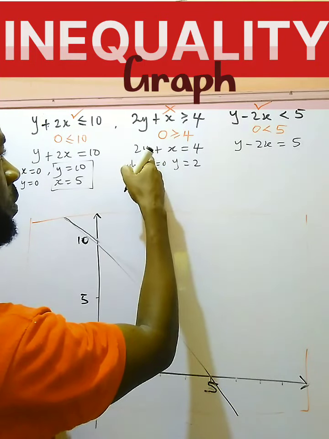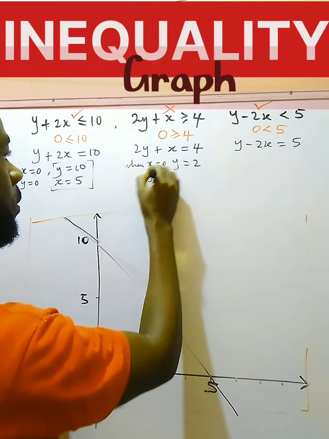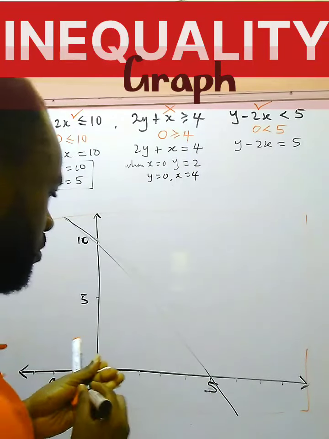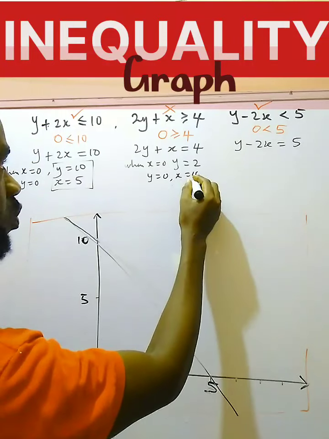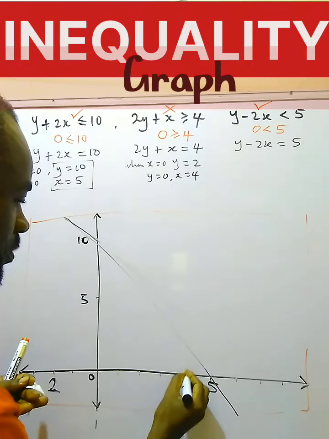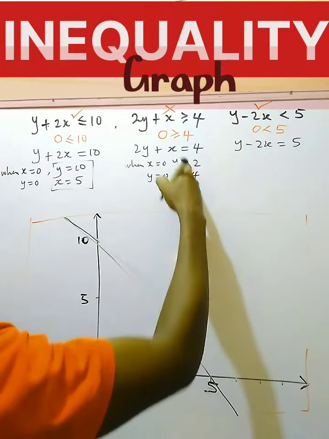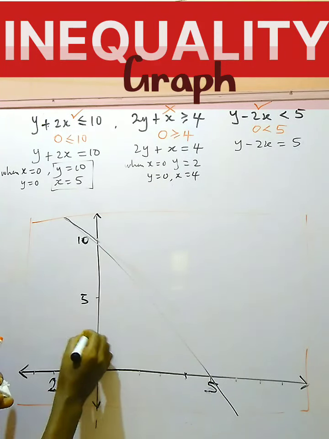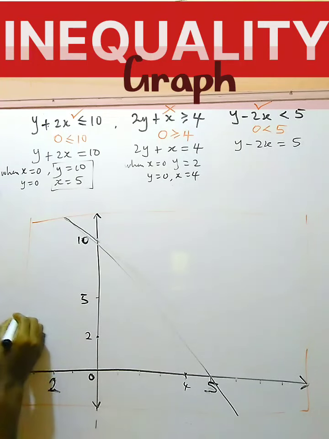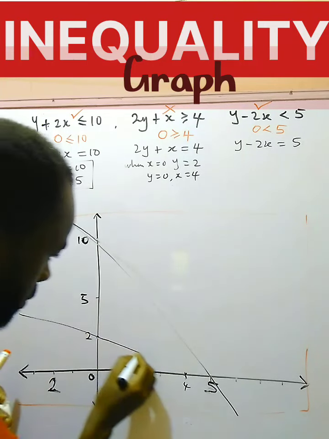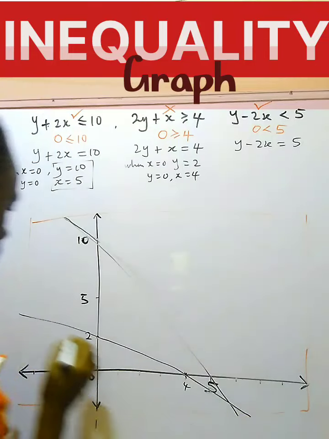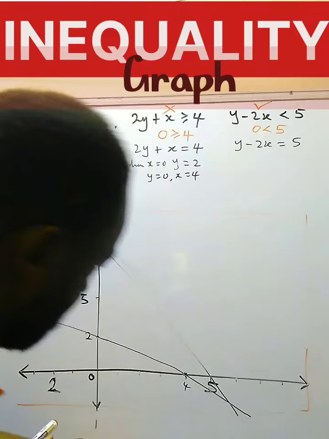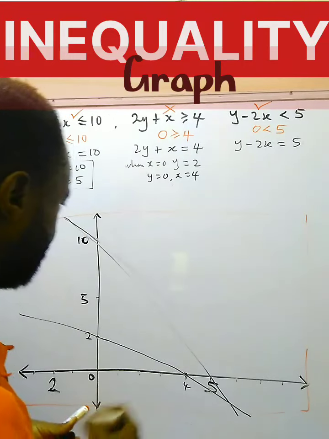When y is 0, x becomes 4. So the line will pass through where x is 4 and where y is 2. The line will pass through these 2 points. Don't mind my line.